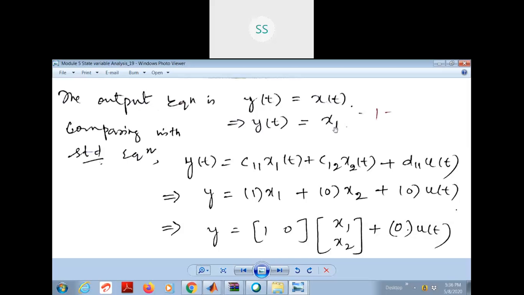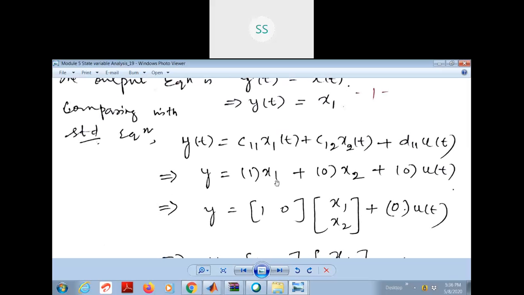That's why y of t is equal to x of t. But x of t is my first state variable x1. So therefore y of t equal to x1. I have to change this displacement and velocity into standard state equation form, in terms of state variables only. Now from this equation I will have to extract matrix C and D.